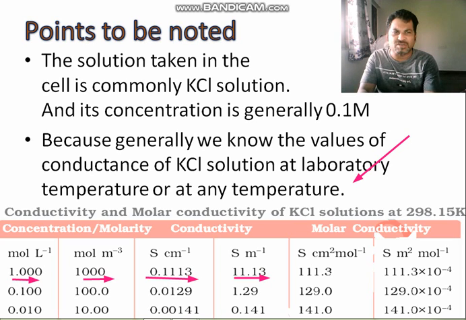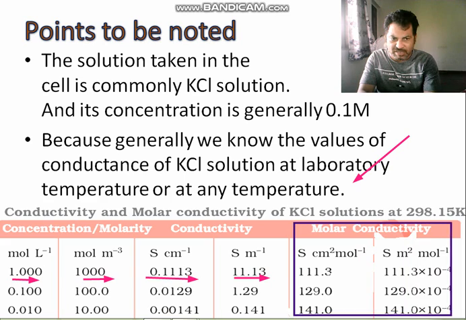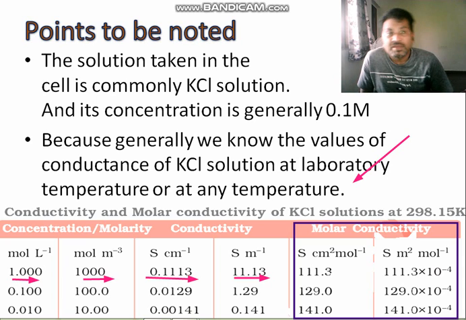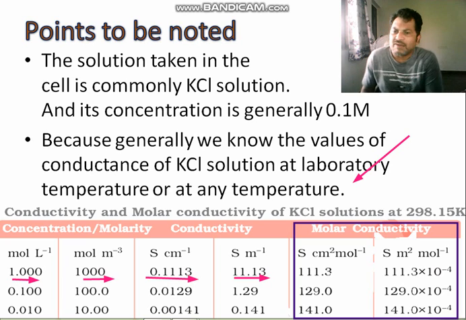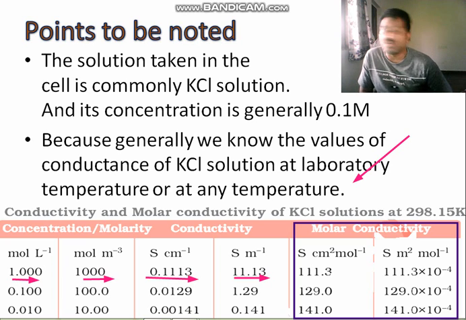Don't worry about this now, we are going to talk about it in the next video, not in this topic. In the next lecture we will discuss molar conductivity, but here you can understand what the conductivity is when the concentration is like that. Hope that you understand this topic.